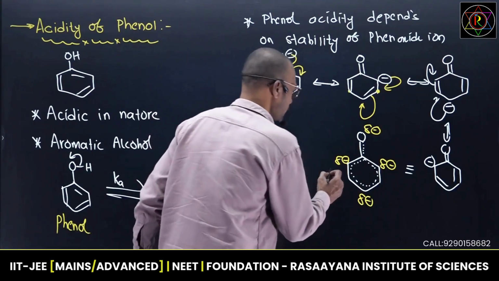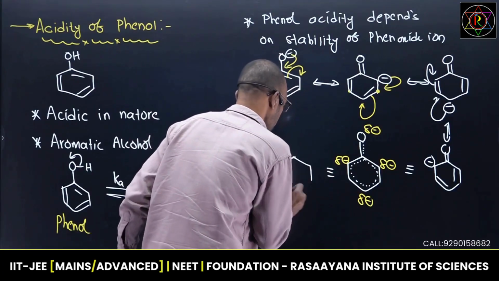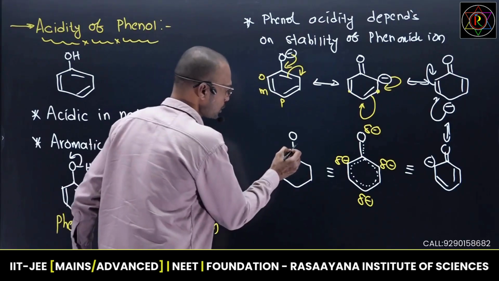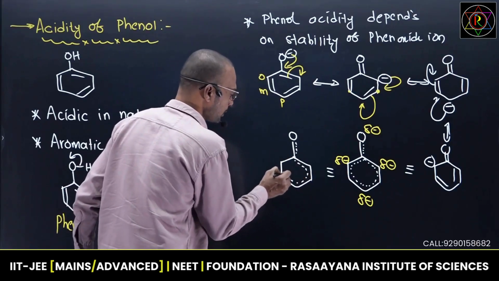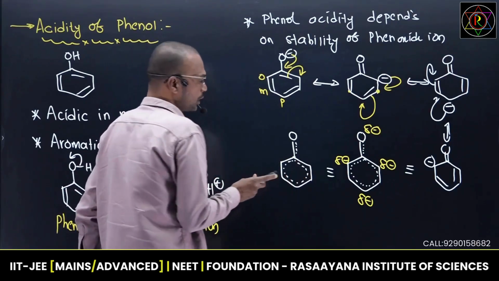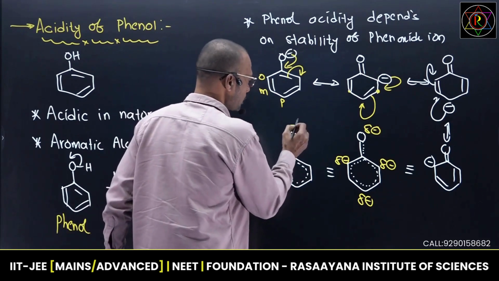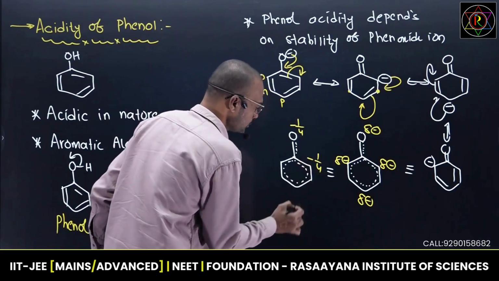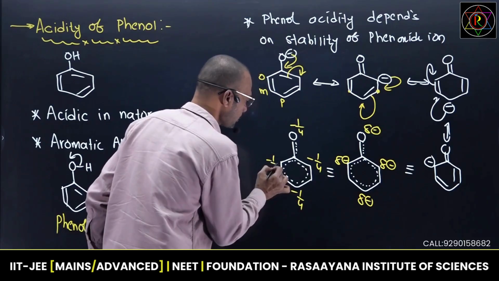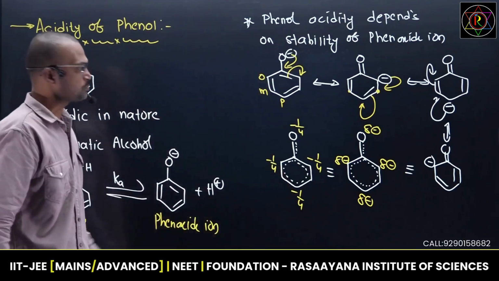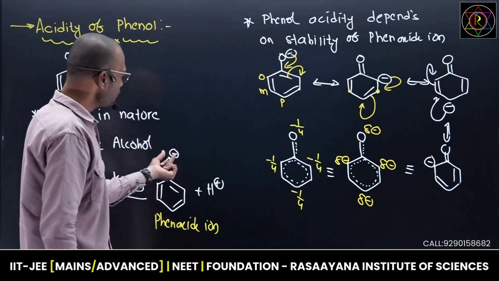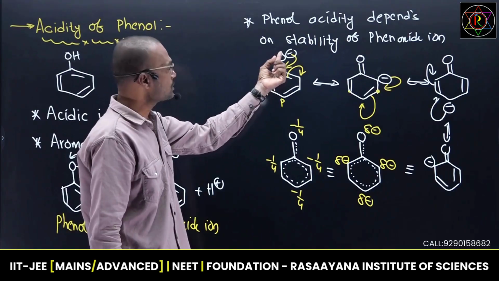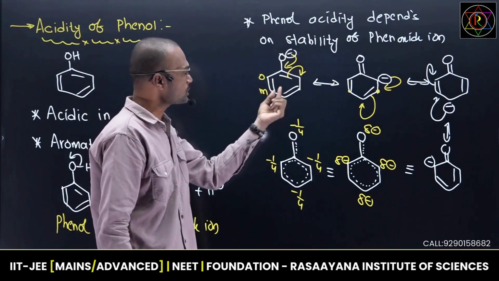So you can also write it like this. See, this is the oxygen. Now these electrons are delocalizing from oxygen to the complete aromatic ring. Here this oxygen shares 1/4, and this carbon shares 1/4, here 1/4, and here also 1/4. Which means, after formation of phenoxide, the excess electron density present on oxygen is shared by 2 ortho carbons and 1 para carbon.